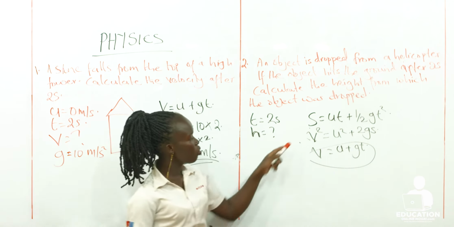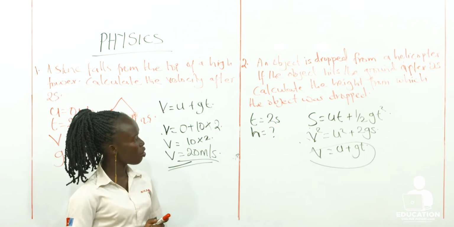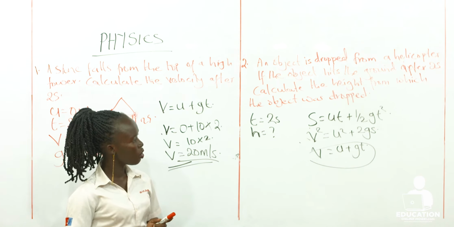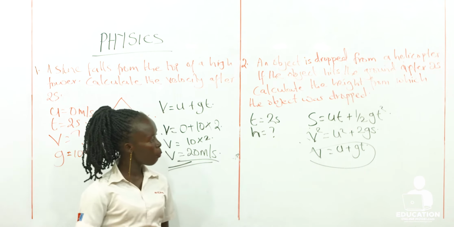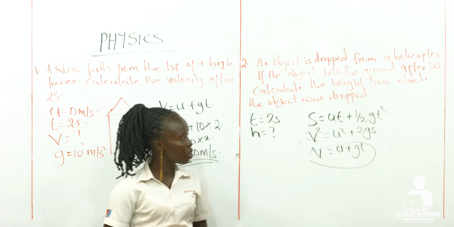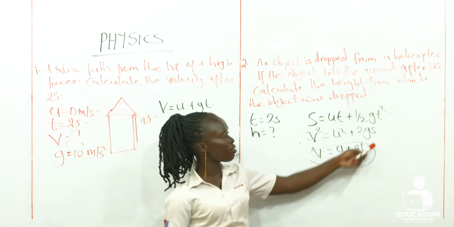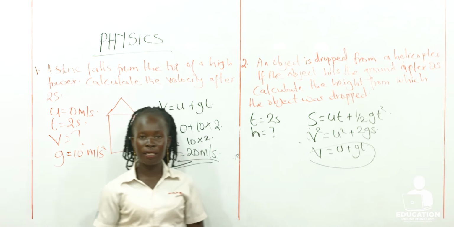Let's move on to the second equation. What do we have in our second equation? Our second equation has the final velocity, the initial velocity, the acceleration due to gravity, and it even has the distance, the height we want to find. What is lacking in that?